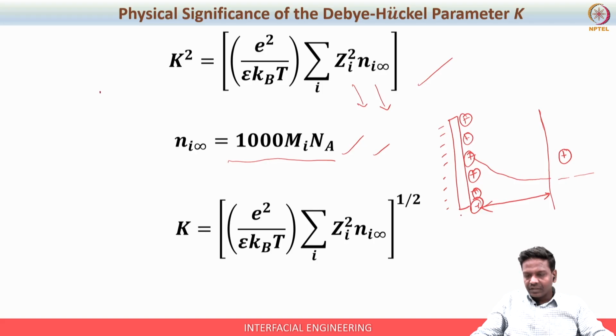Or you can say this charged surface cannot influence any counter ions or co-ions present after this domain. I said there will be co-ions as well, counter ions also. So there will be no interaction between these ions present after this domain, at a distance called k inverse, and the charged surface, right. So that is the understanding.